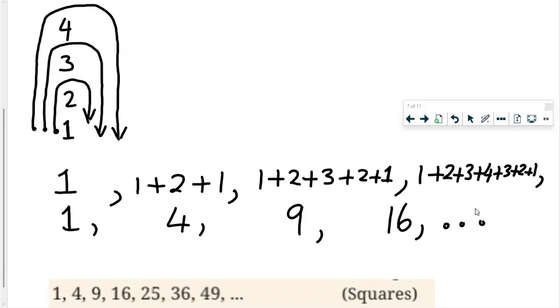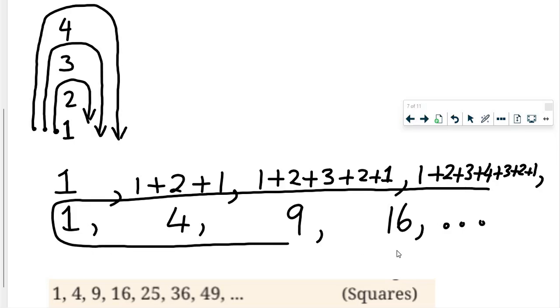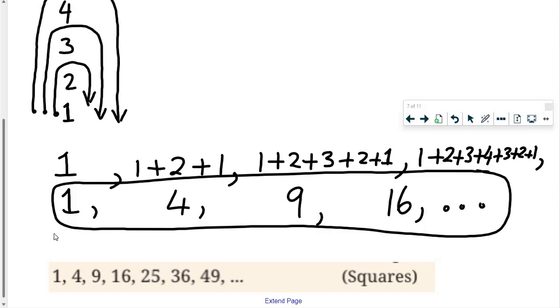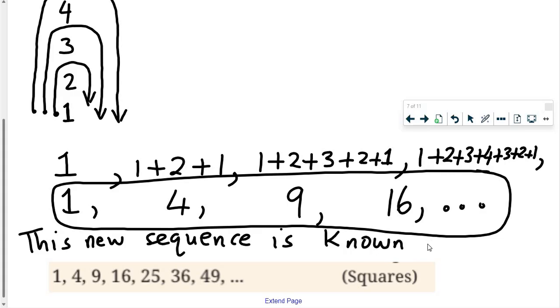Now the question is, what is this new sequence you get? This new sequence is known as a sequence of square numbers.